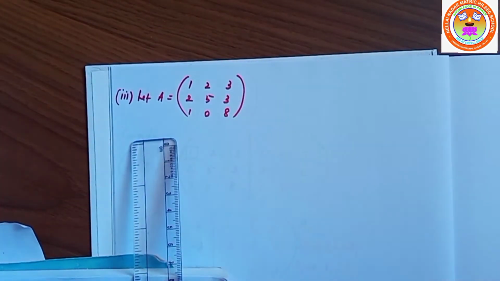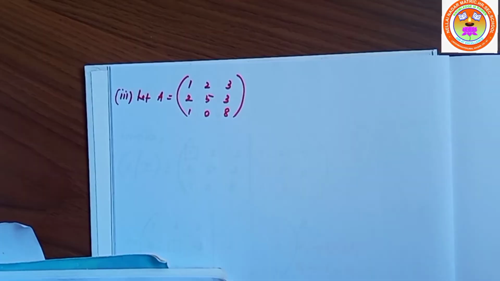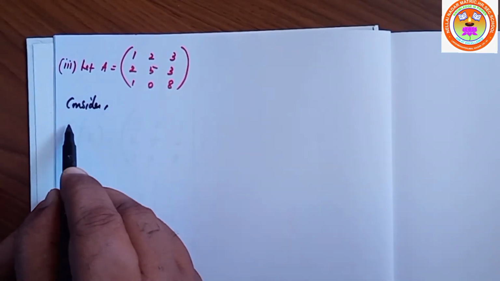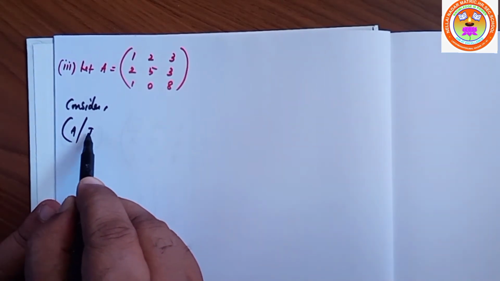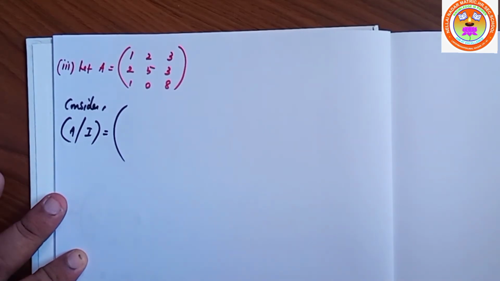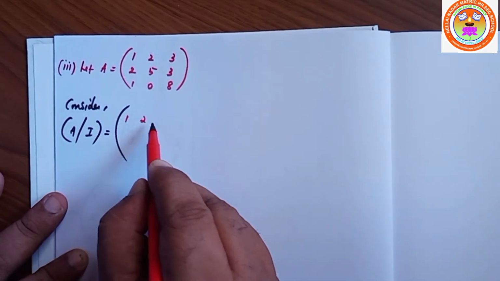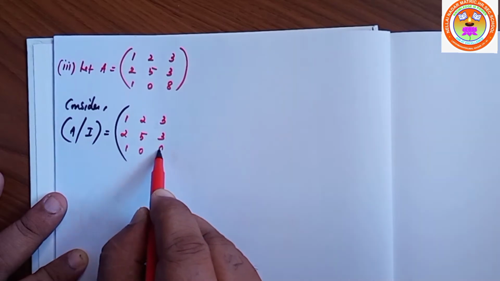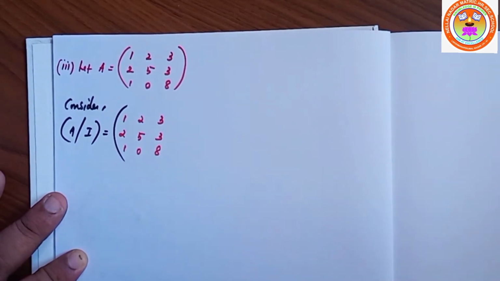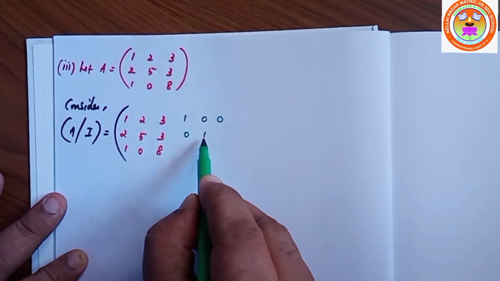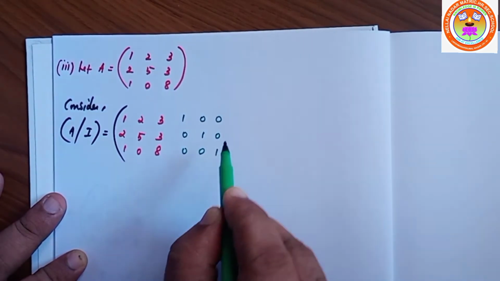I consider the matrix as capital A. Consider A, I, that is A matrix 1 2 3, 2 5 3, 1 0 8. Then identity matrix 1 0 0 0 1 0 0 0 1.